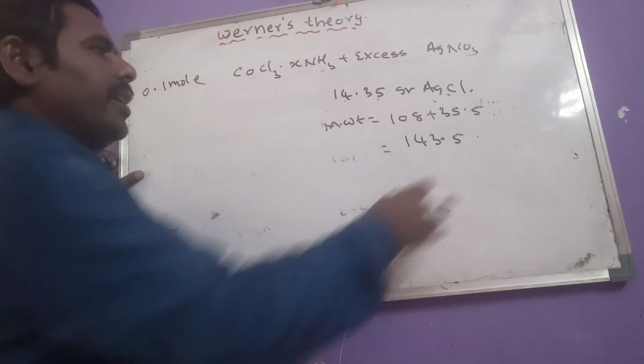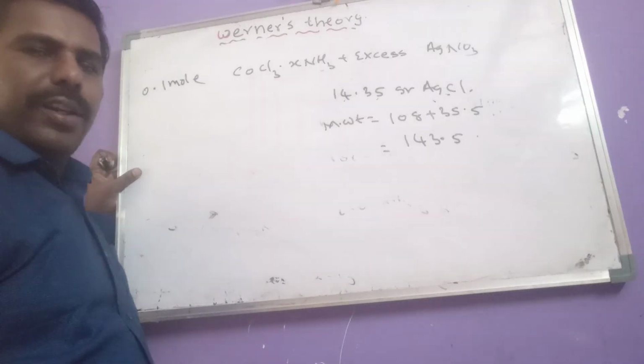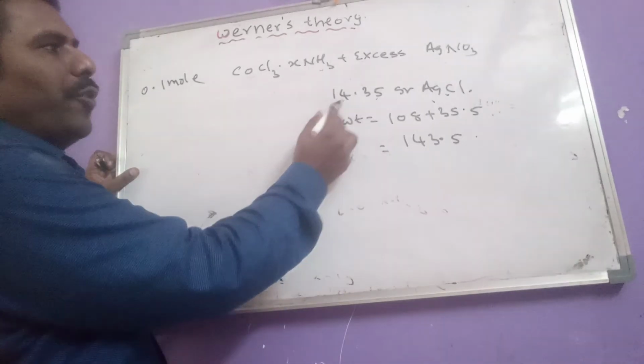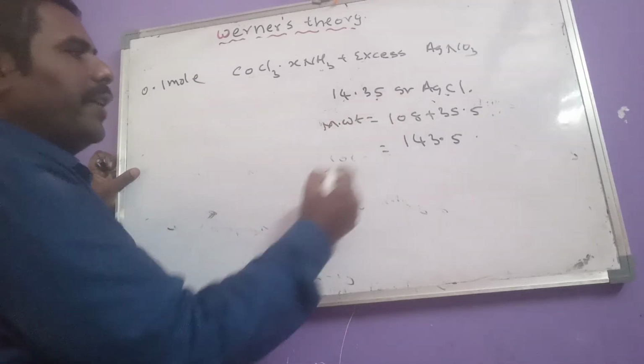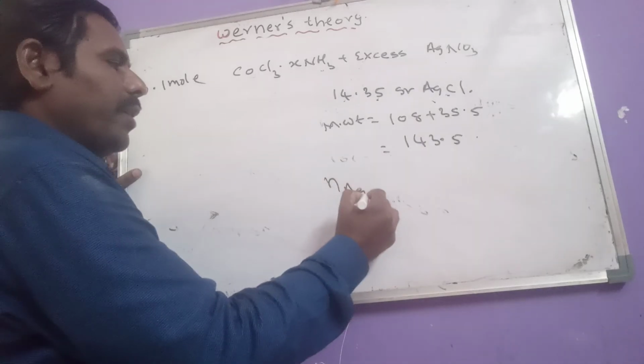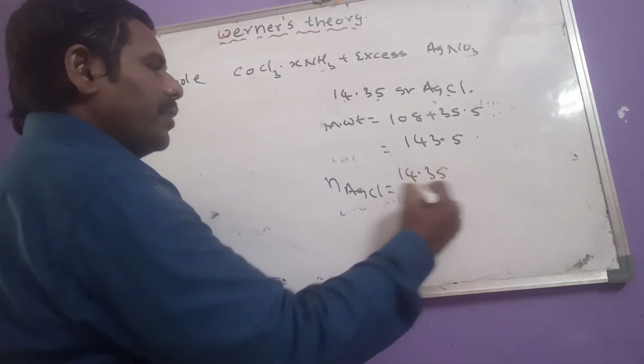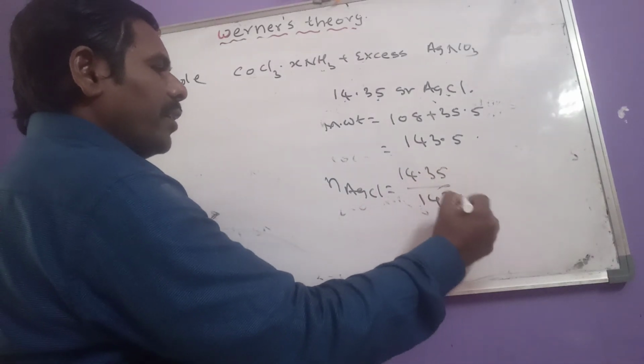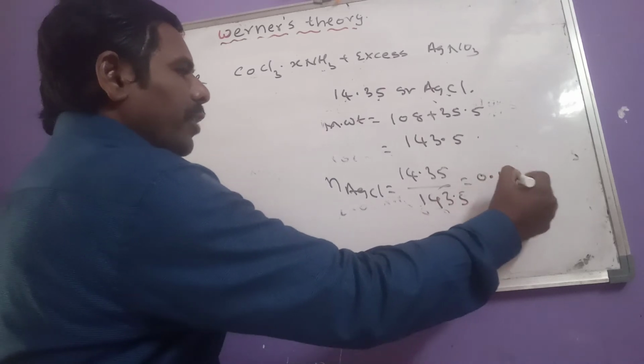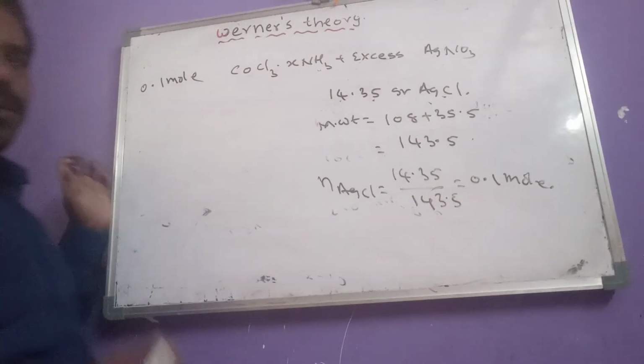So this is the molecular weight of AgCl. We got 14.35 gram of AgCl. That means the number of moles of AgCl equals 14.35 divided by 143.5, which means we get 0.1 mole.